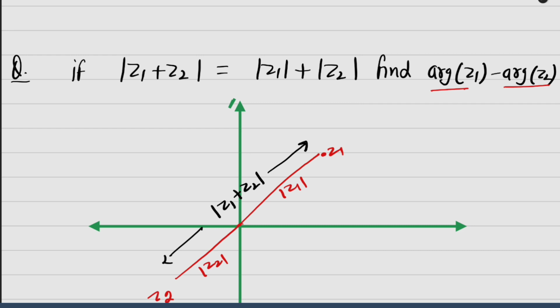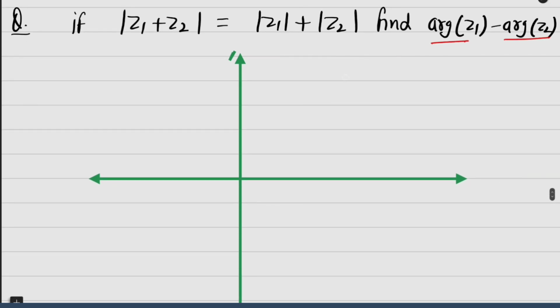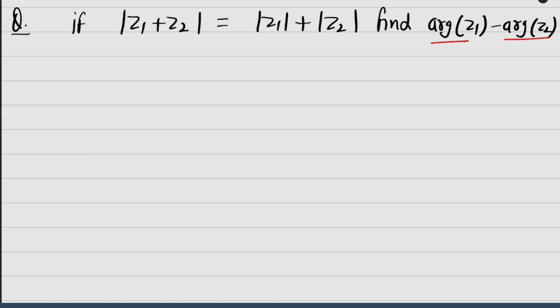Okay, so how can you write that one? So wait a minute, there are two ways of representing that one. Okay, so first I draw this one. Very easy one.